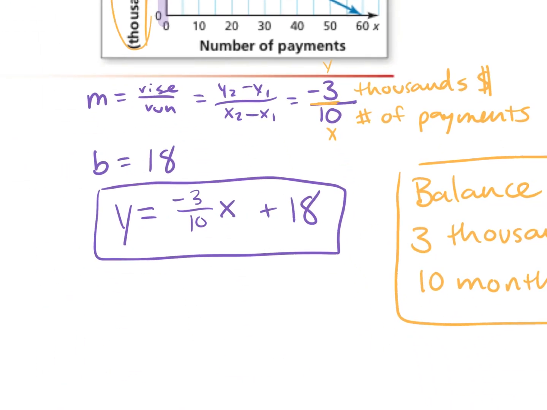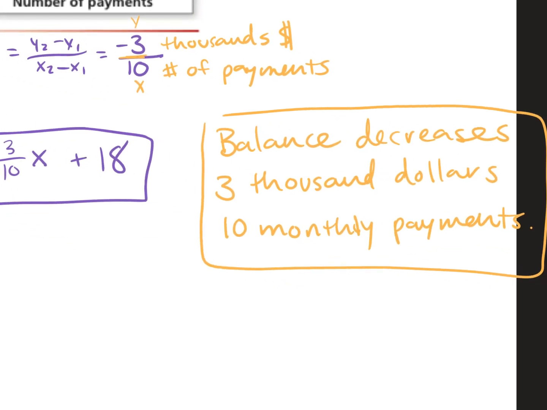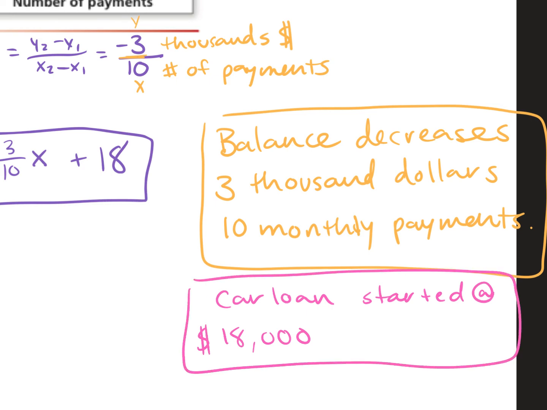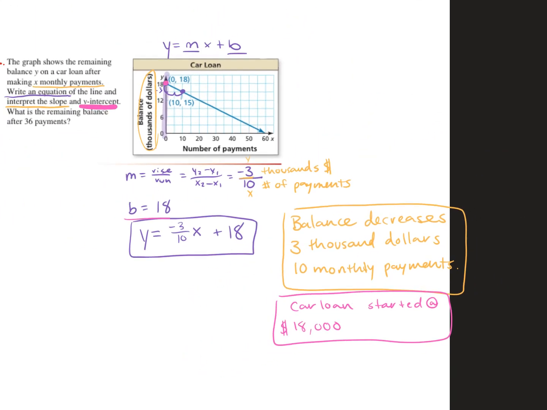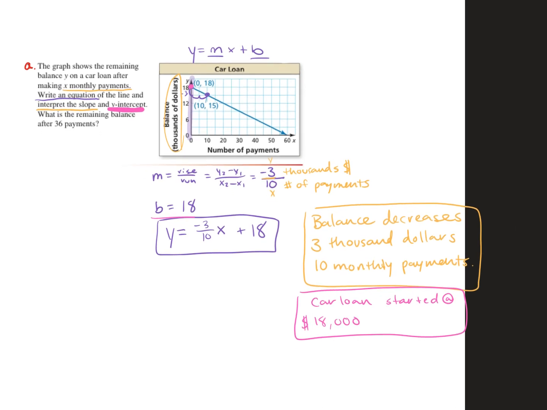So to interpret the y-intercept, I would say the car loan started at $18,000. Or you could say, again, the balance started at $18,000.